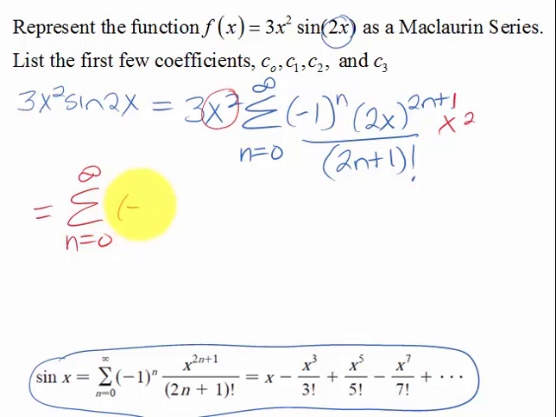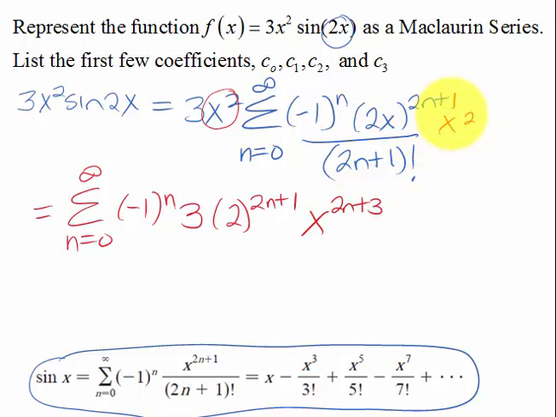So we have negative 1 to the n times 3 times 2 to the 2n plus 1 times x to the 2n plus 3, because we can combine this by adding these exponents, and then that's all over 2n plus 1 factorial. So there we've got our function expressed as a Maclaurin series.